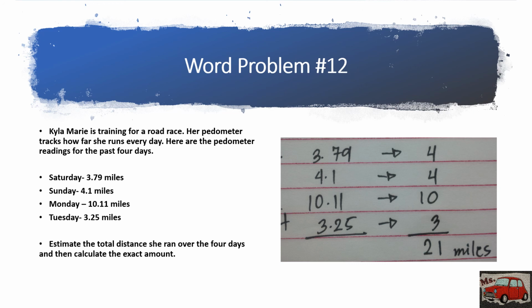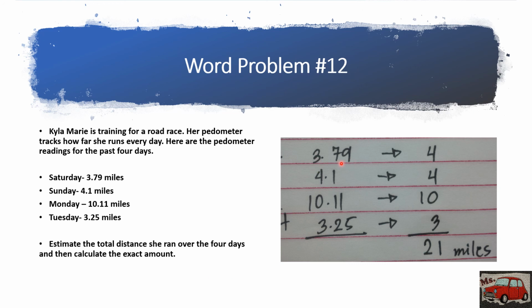Okay? So first, we need to get the estimate total distance. So, yung mga miles na natakbo niya in 4 days, i-add natin yun. But first, we need to round them off to the whole number. Okay? Para mas mabilis natin makuha yung estimated total distance.